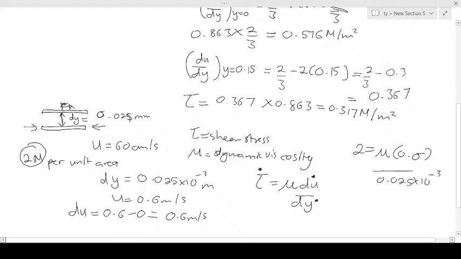So when we do a change of subject, we are going to have 2 times 0.025 times 10 raised to the power minus 3 all over 0.6. And when you are done solving, you should be getting 8.33 times 10 raised to the power minus 5 Newton second per meter squared. So please, this should be your final answer.